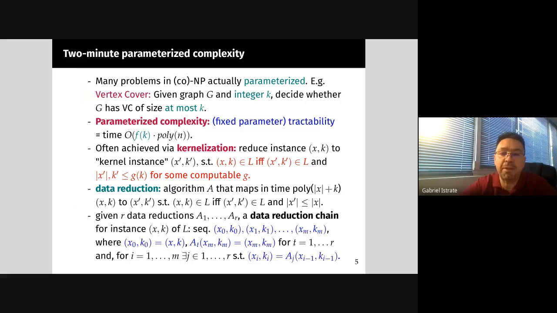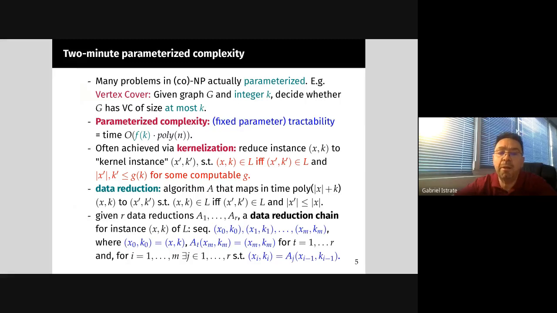So parameterized complexity is the study of such parameterized problems, and the gold standard of tractability, called fixed parameter tractability, is giving algorithms whose complexity may depend exponentially on the parameter, but polynomial on input size. So we don't want the parameter and the input size to mix.